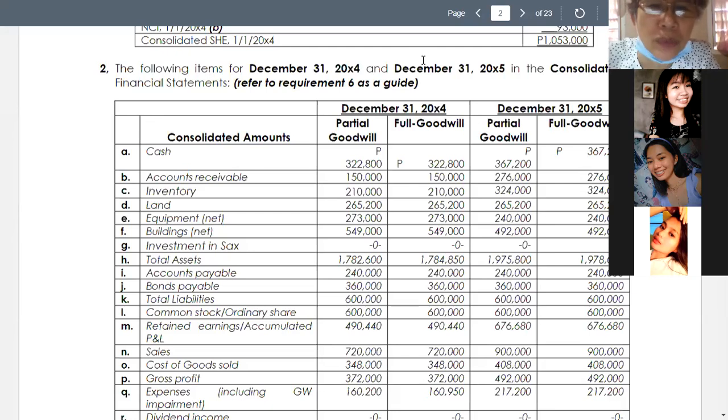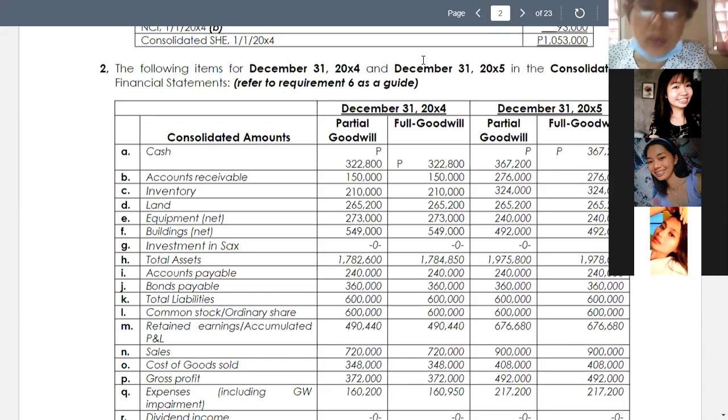Actually, that's found in the books of P in relation to requirement number 1, asking for the consolidated retained earnings balance as stated in solution number 1. It's really the retained earnings balance of the parent. We do not include that of the subsidiary.